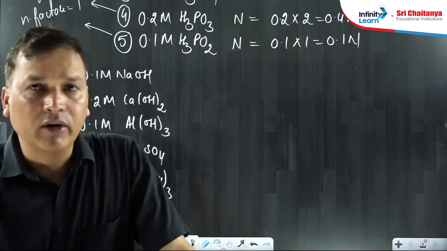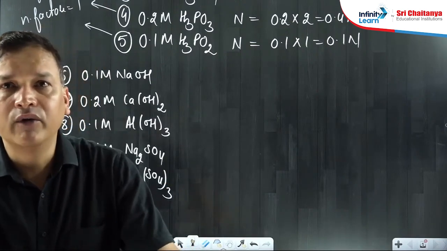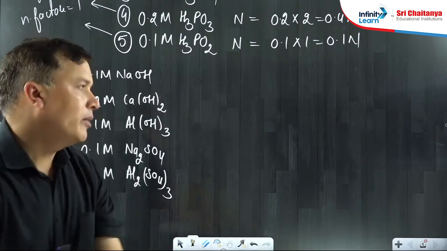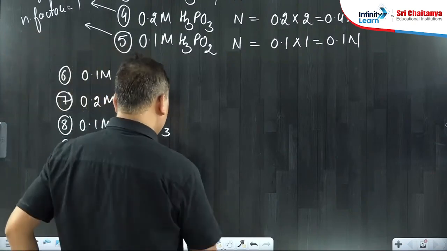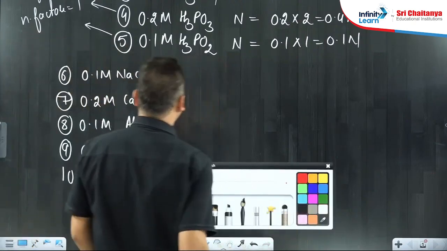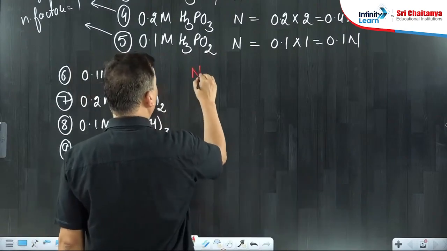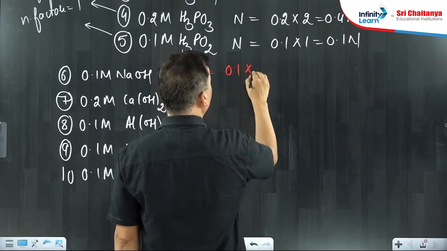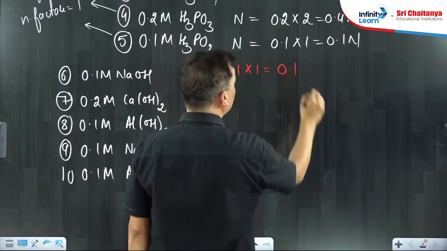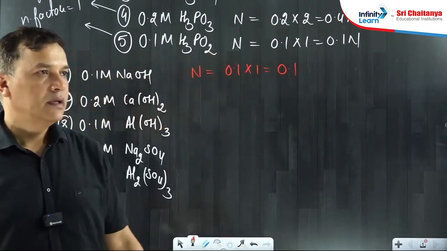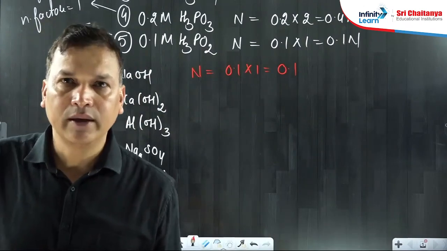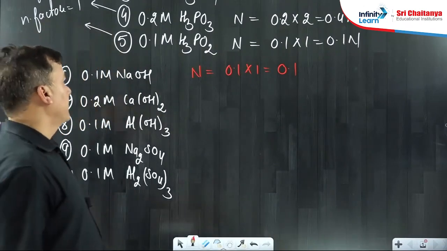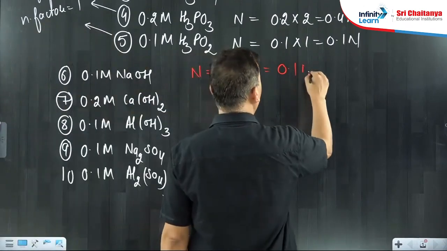What we have to convert? We have to convert these into normality. So will you help me? Normality is equal to 0.1 into 1, that is 0.1. Is it visible to you in the red? I think maybe. So that is 0.1 normal.